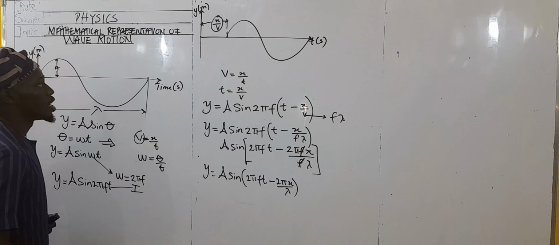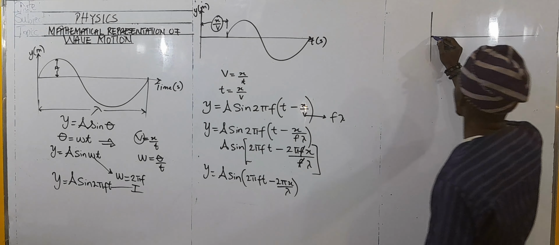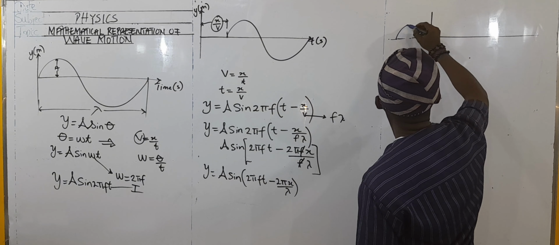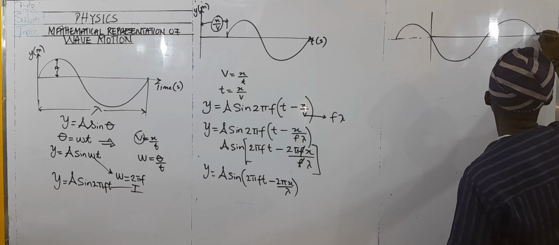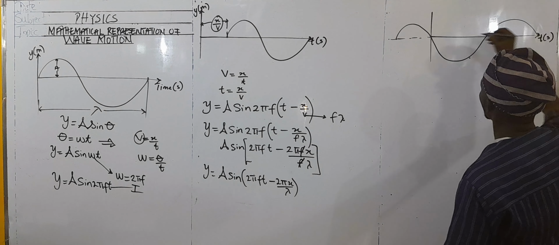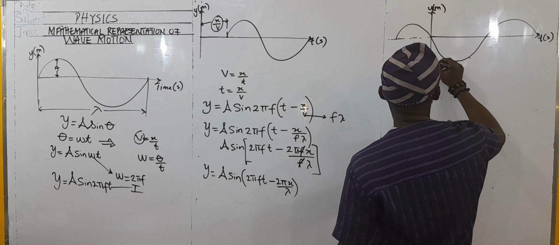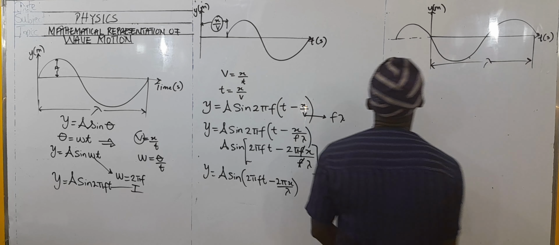Let's say it begins before. So I'm going to have a graph like this. Let's say this. Okay. And this is the time in seconds. This is my y in meters. And everything here is the wavelength.